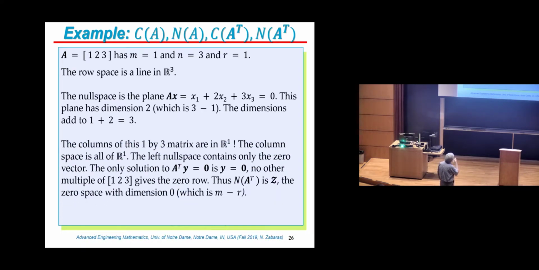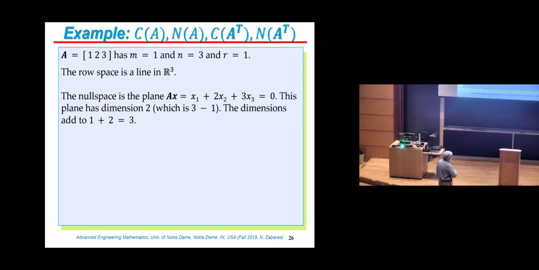Can you tell me how many independent columns you have? 1, all right. And what is the dimensionality of the left null space here? Remember, the left null space is when you multiply on the left with a vector y.